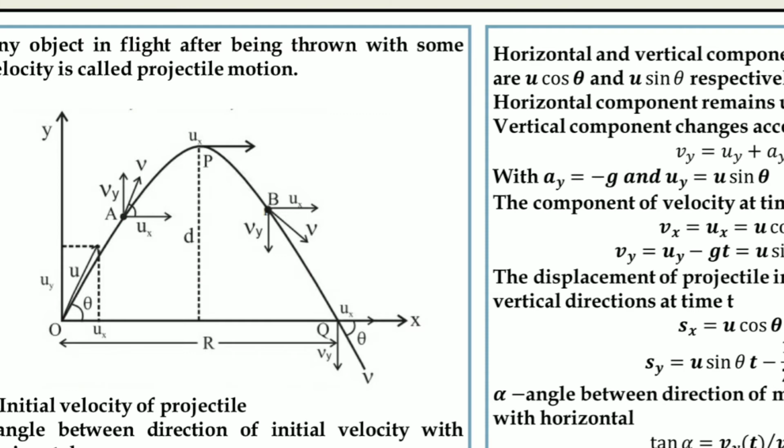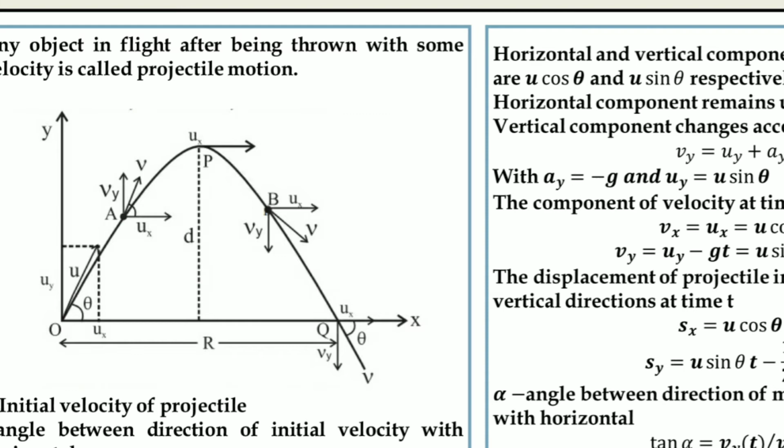From point O to P there will be a decrement in the velocity of the object. At point P it will be 0. After that the object will come towards the earth's surface, or towards your friend, by the influence of gravity.